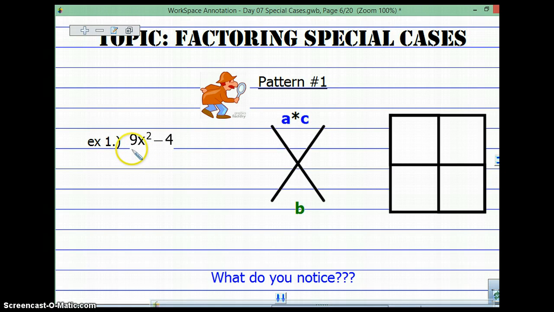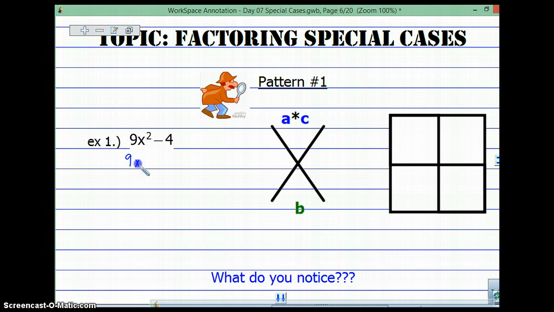All right, here is a special case. I want you to look for a pattern here. We've got 9x squared minus 4. Only 2 terms. Doesn't mean that we can't use the x still. Basically, there's a hidden b term in here.